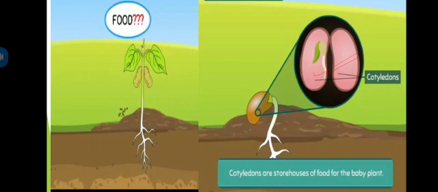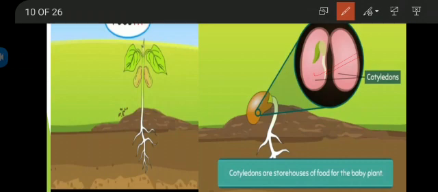Okay, then the question arises: during the process of germination, where does the baby plant get food? Already we know that the seed has two cotyledons. In case of dicotyledons, they have two cotyledons and they store food.